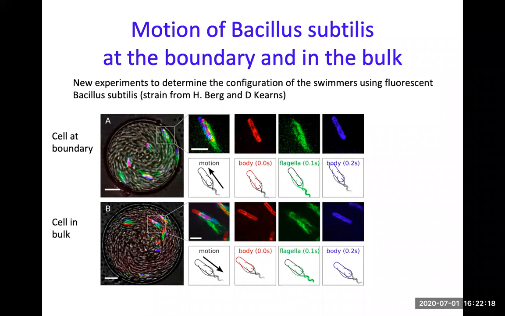So you could tell, in relation to how the body and the flagella are positioned, in which direction the cell is moving, and also in which direction the cell is pointing. The long story short is that the ones near the boundary are moving in the direction they're pointing, right? But the ones in the bulk are moving backwards.